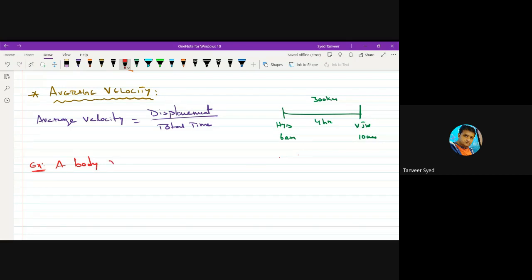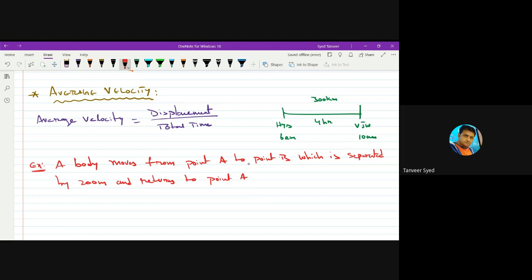A body moves from point A to point B, which are separated by 200 meter, and returns to point A in 20 seconds.